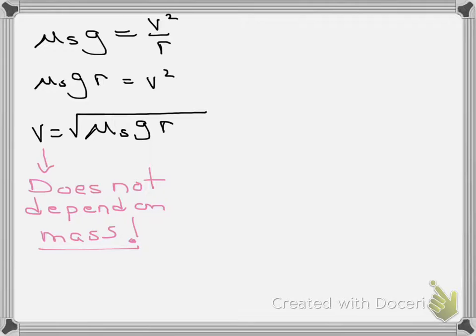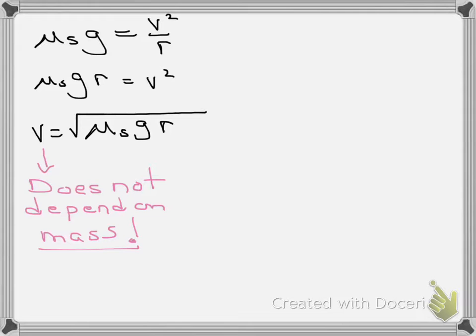And this ought to make a little sense to you, because if you have ever been on the interstate and taken an exit that was a circular off-ramp, you know that there's a sign on that circular off-ramp telling you what the maximum safe speed is. And it might be 25 miles per hour.